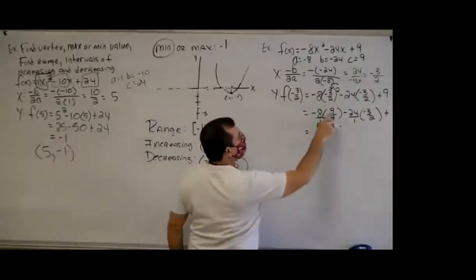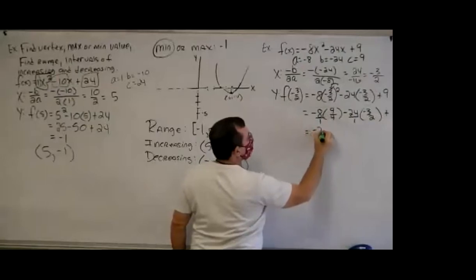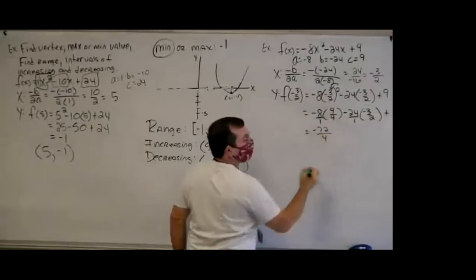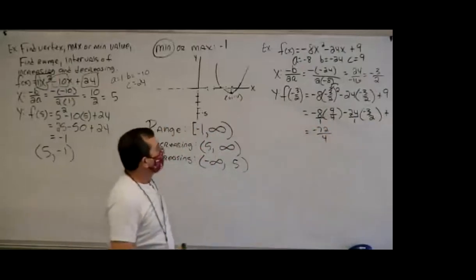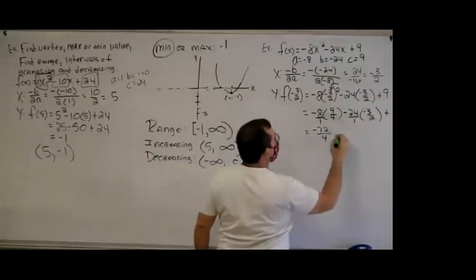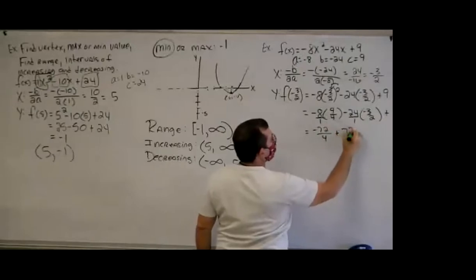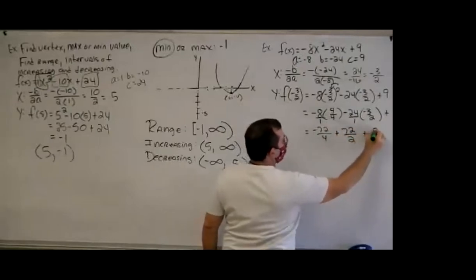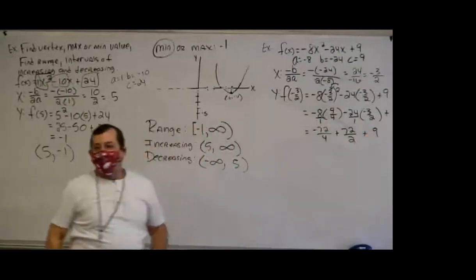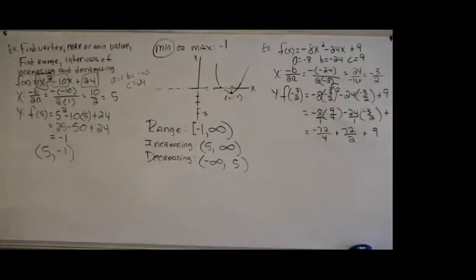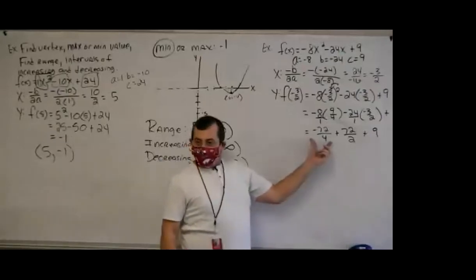So negative 8 times 9 is negative 72 over 4. Negative times negative is going to make that a positive 72 over 2, so it's my 9. Now, here's the trick. Do y'all feel like finding the common denominator? No. All these numbers will divide. 72 will divide by 4.